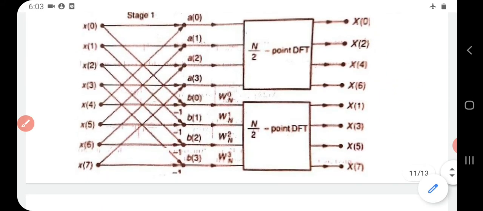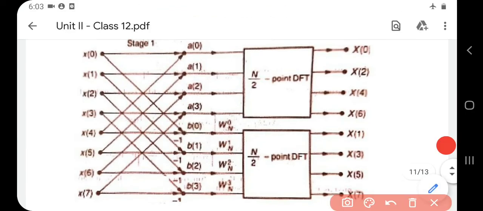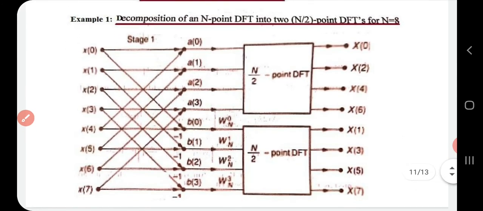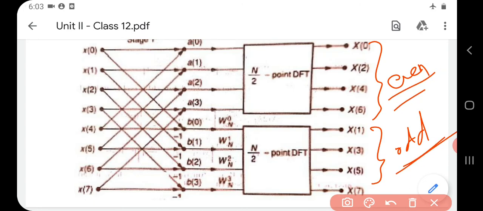You are given an N-point sequence, X0 to X7, and you are splitting it into two N by 2 point DFTs. What about the output of each of these? The first one will be even, the second will be odd. See, it is 0, 2, 4, 6, so it is even, and this is odd. It is just a representation of what we have already said, that a DFT is again split into two, one the even part and the other the odd part.